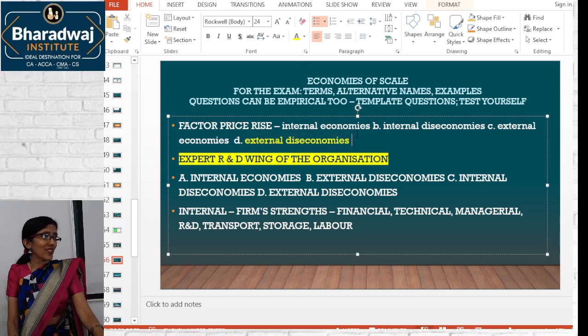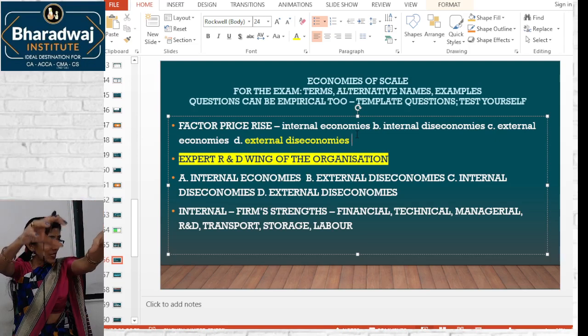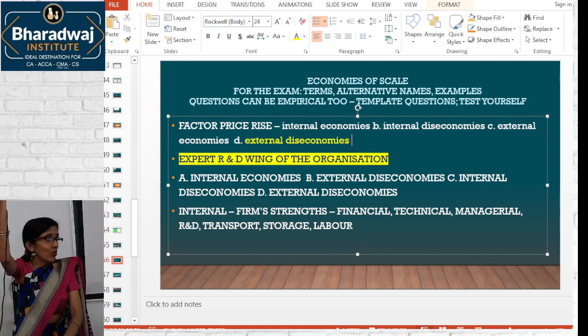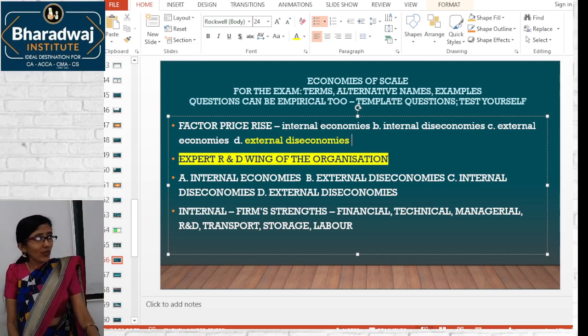External diseconomies. So, factor price rise talks about the scenario in the factor market where all the firms, many industries compete for resources, as a result of which prices go up. This is not within the control of an individual firm. Can you understand? So, this is beyond the control of the firm.